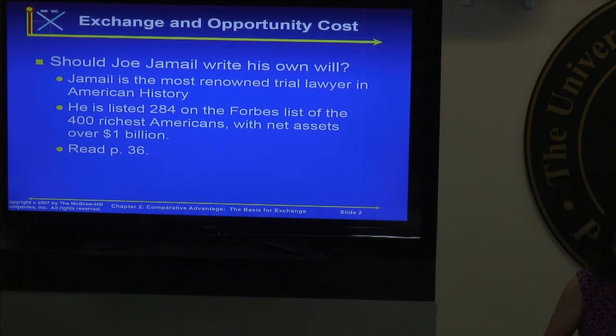Let's have a volunteer read page 36 in the book, that could be 48 in your book, right? Should Joe Jamail write his will? Could I get a volunteer to read that whole section?